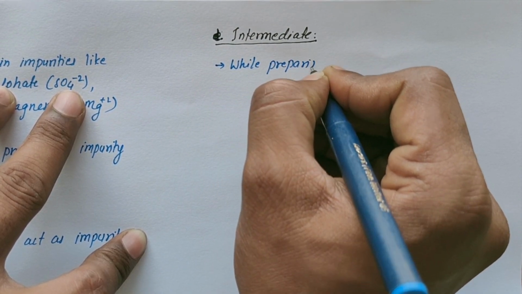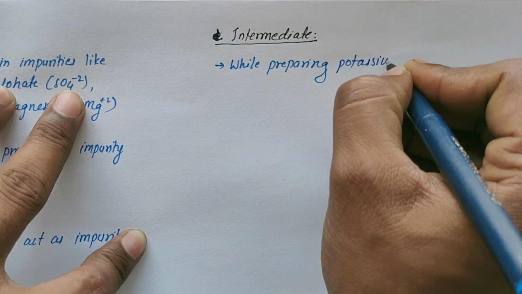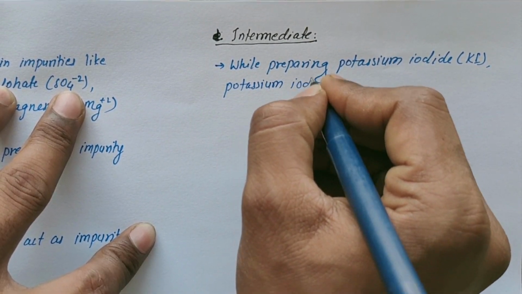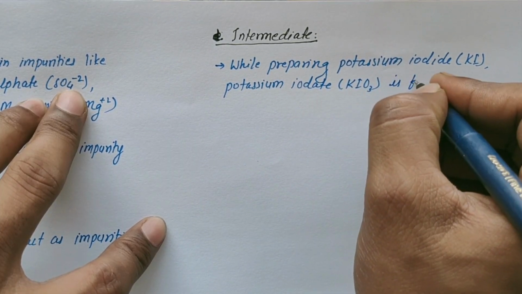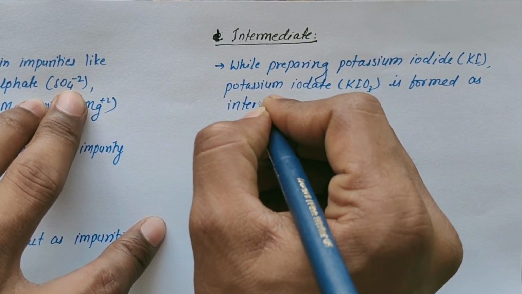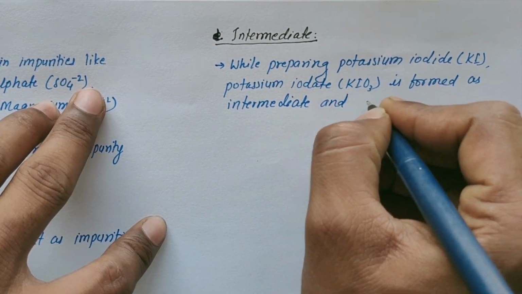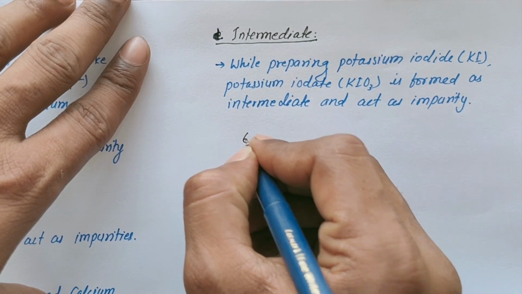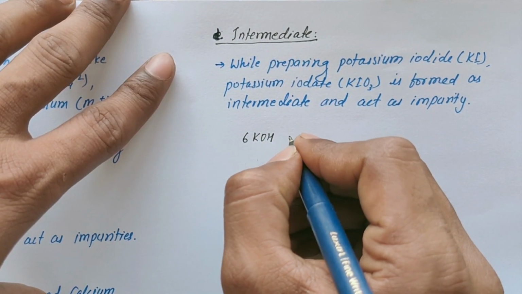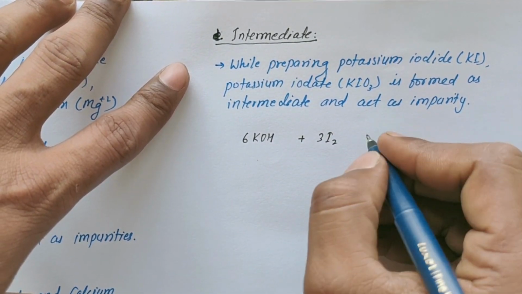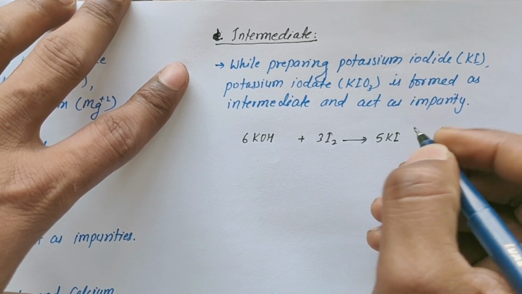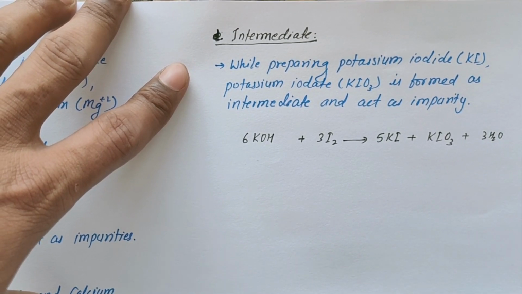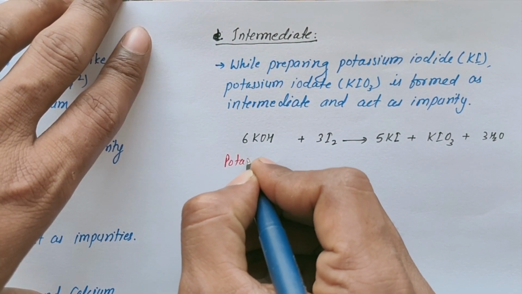So while preparing potassium iodide, KI, potassium iodate, KIO3, is formed as an intermediate, and that may act as an impurity in potassium iodide. So we have a reaction here: 6 KOH plus 3 I2 will give 5 KI plus KIO3 plus 3 H2O.